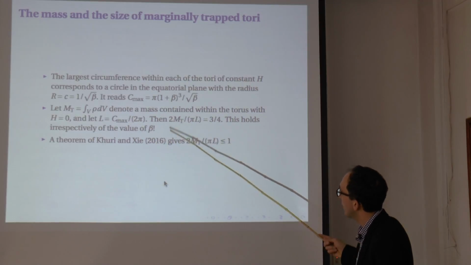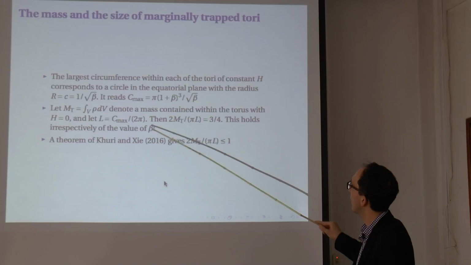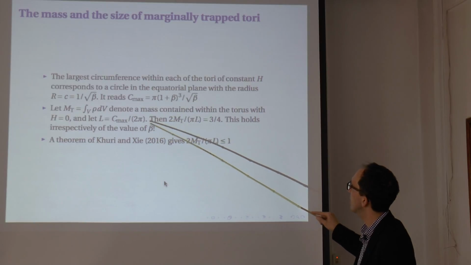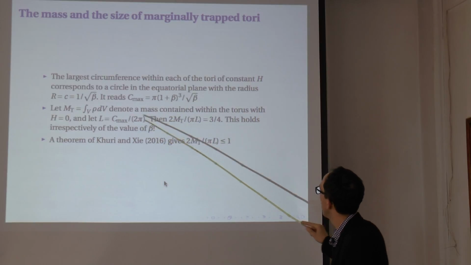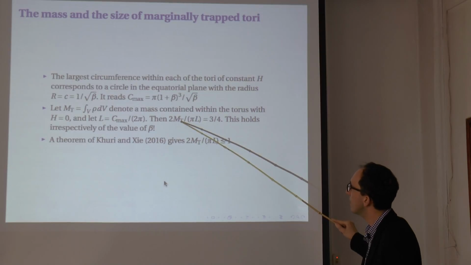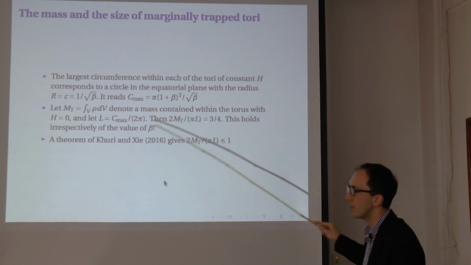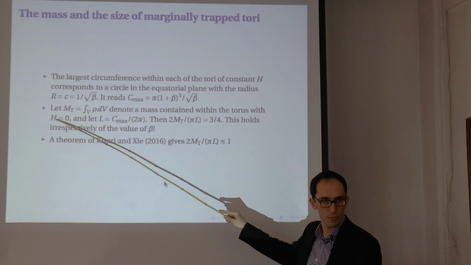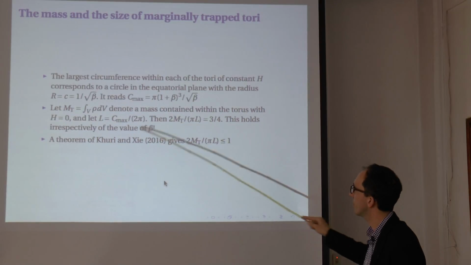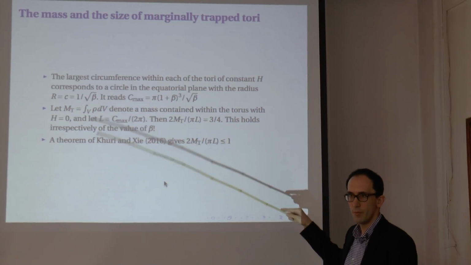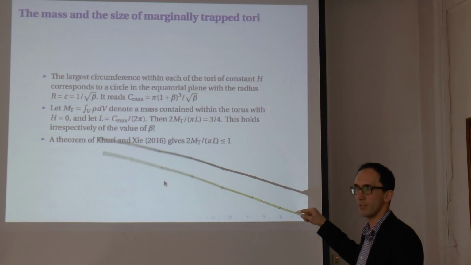So it's another strange coincidence here that if you compute the mass within a torus with h equals 0, you compute this properly covariantly with the proper volume element.